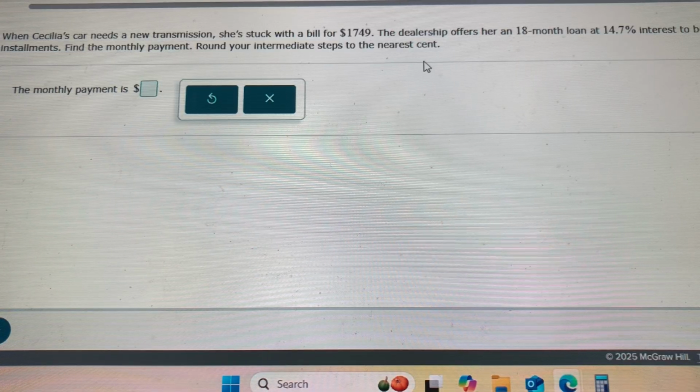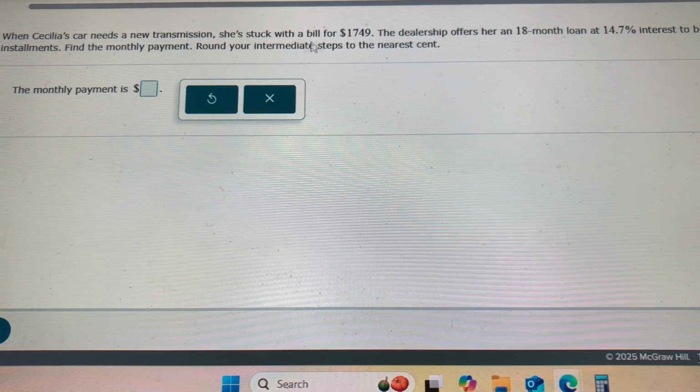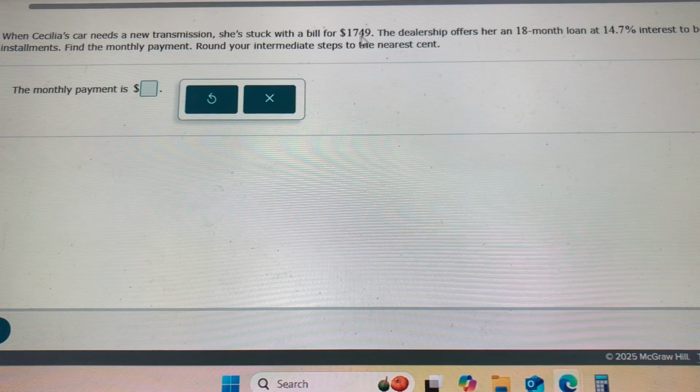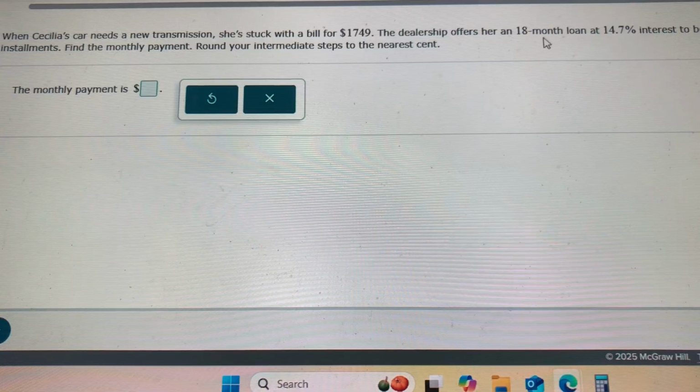Okay, so there's a dollar amount here, it's the present value because this is what she owes right now. She has a present value, a loan of $1,749. There's an interest rate and there's time involved.